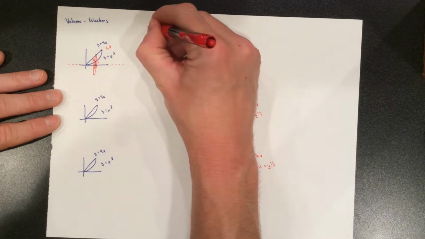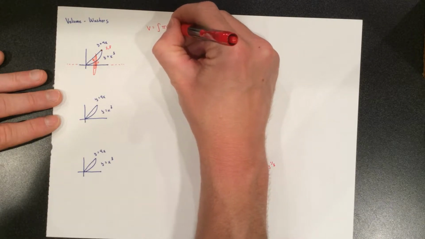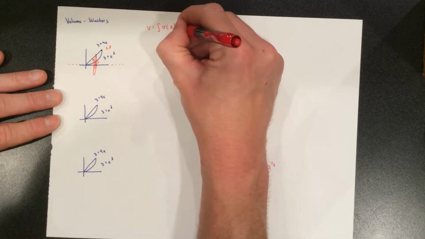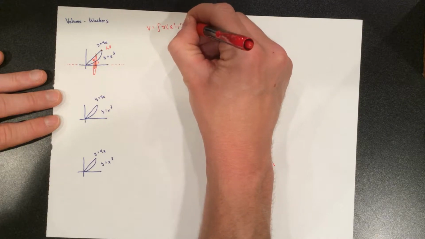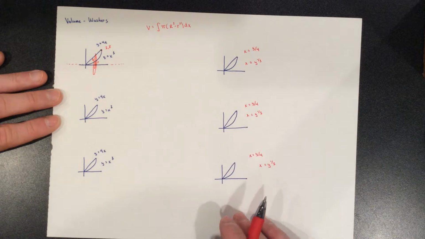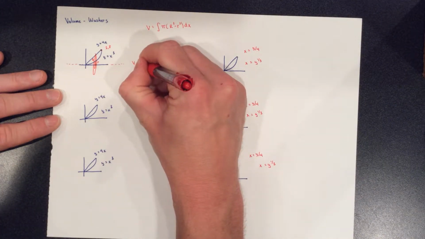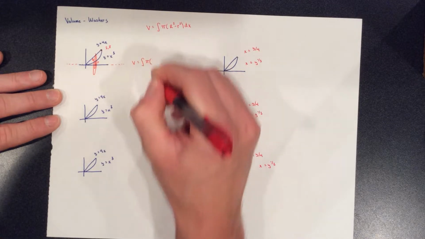Writing it down again, you're accumulating all of these. Really, you're doing a big volume minus a little volume. And it's going to be dx over here and dy over here. So the volume is the accumulation of pi times big R squared minus little r squared.